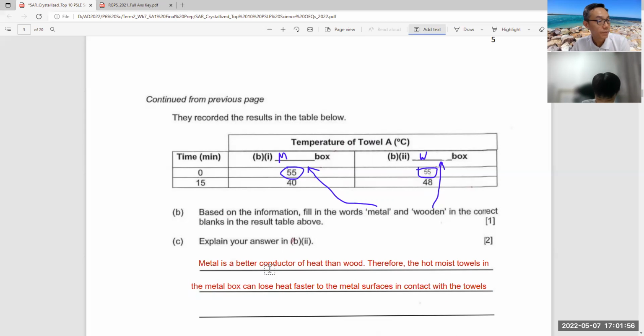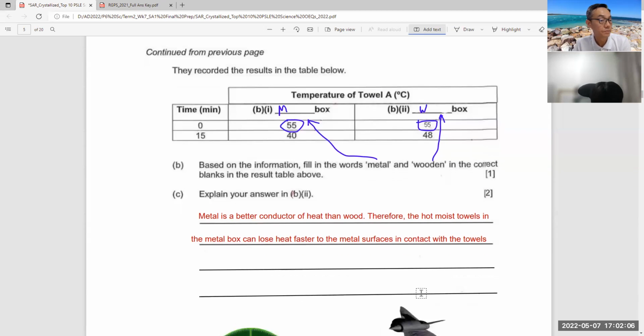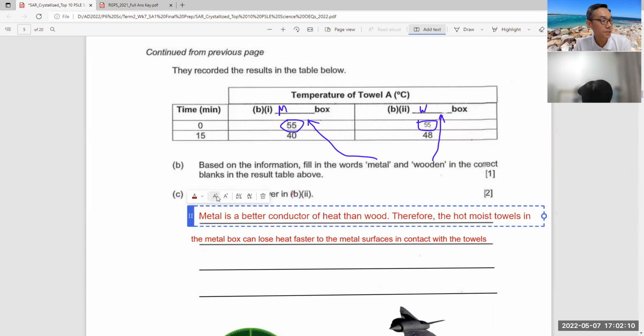Okay. Metal is a better conductor of heat than wood. Therefore, the hot moist towers in the metal box can lose heat faster to the metal surfaces in contact with the towers. Okay, so this is the explanation.